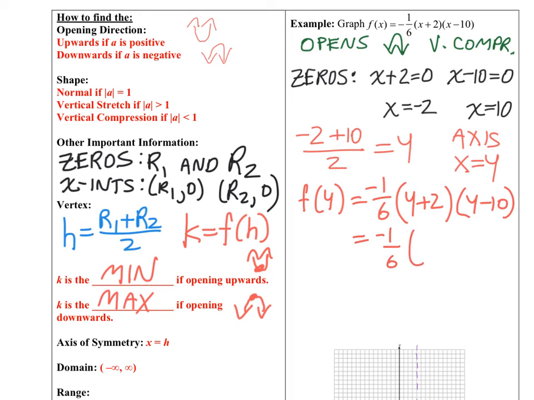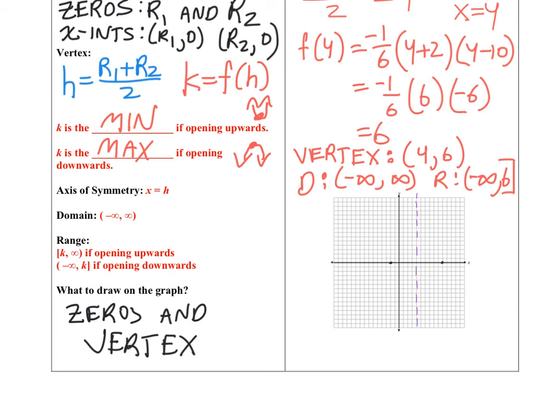So it'll be negative 1/6 times 6 times negative 6. And then when I'm multiplying, I need to remember that I can only multiply two things at a time. So first I'll do negative 1/6 times 6, which will be negative 1. And then I'll do negative 1 times negative 6, which will be positive 6. So, now that I know that, my vertex is 4, 6.